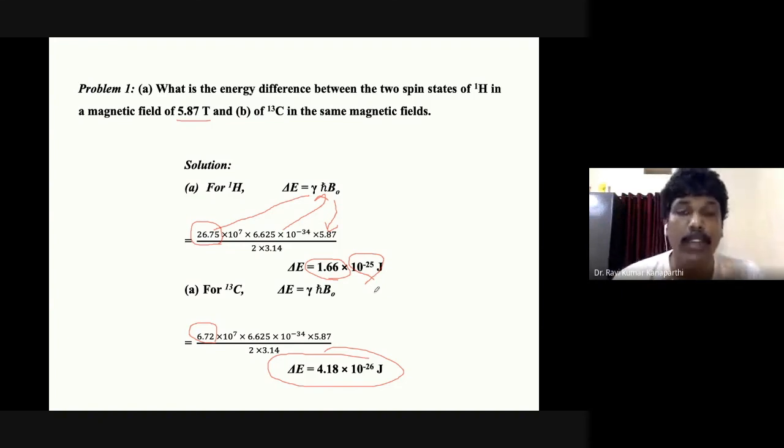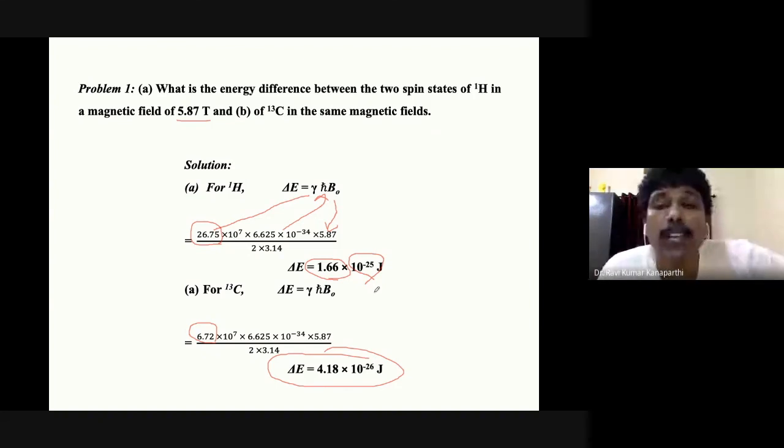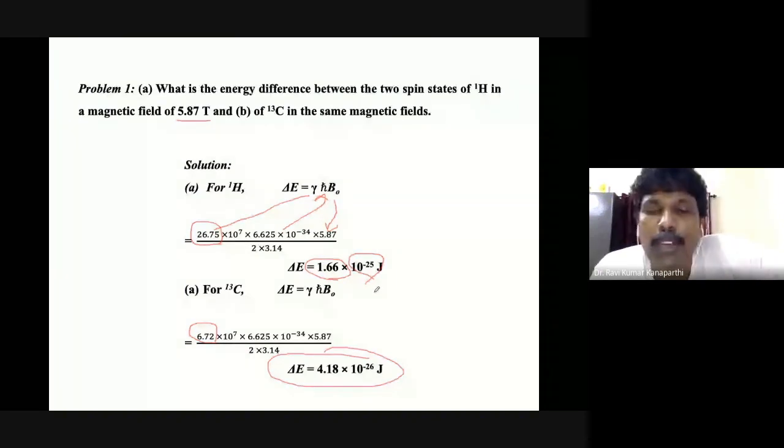But as far as NMR is concerned, if you convert all these numbers into calories, the nuclear energy difference of spin half nuclei is roughly about 0.1 calorie. So what is the thermal energy at room temperature? Thermal energy means that because of the position of the system at a given temperature, it will possess some energy.